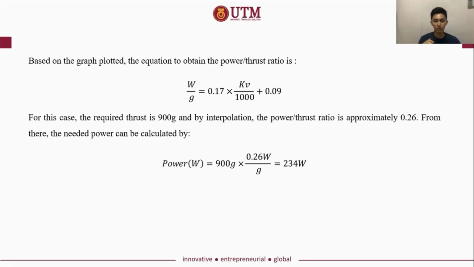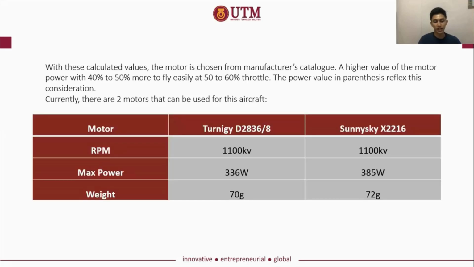From this 0.26 power to thrust ratio, we can calculate the power required for the motor by multiplying the power to thrust ratio by the thrust. Previously, we already calculated the thrust, which is 900 g. Thus, the power required for the motor is 234 watt.